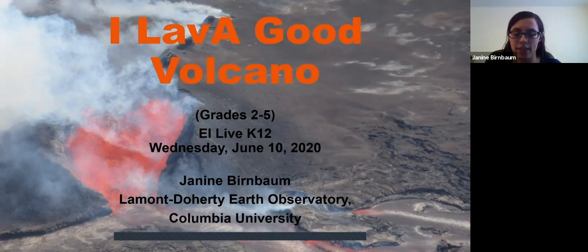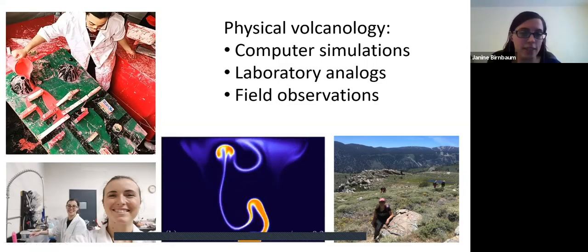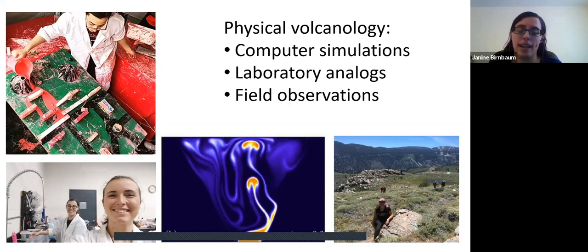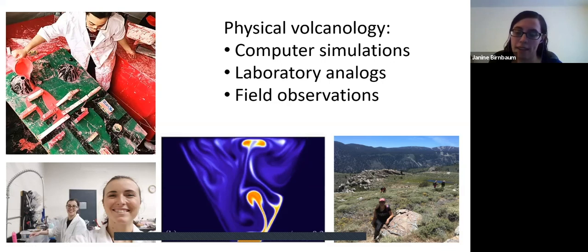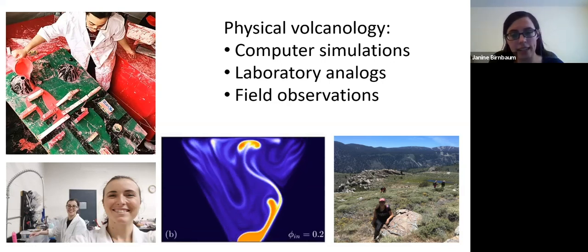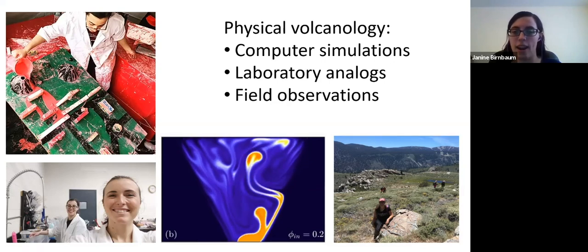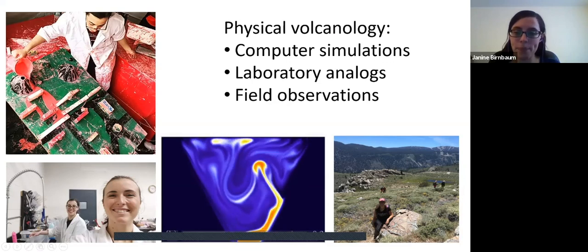So to give you a little more background on me, I study physical volcanology, which means that I think about the physics and the dynamics of how volcanoes erupt and how they behave, and I do that using a combination of lots of different techniques. Some of those are computer simulations, like this video that you can see at the bottom.